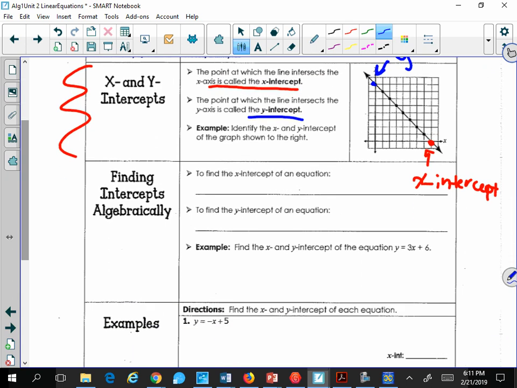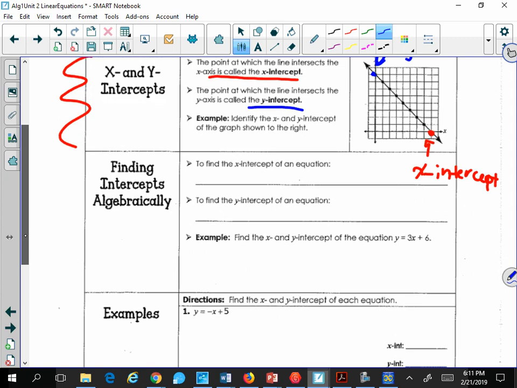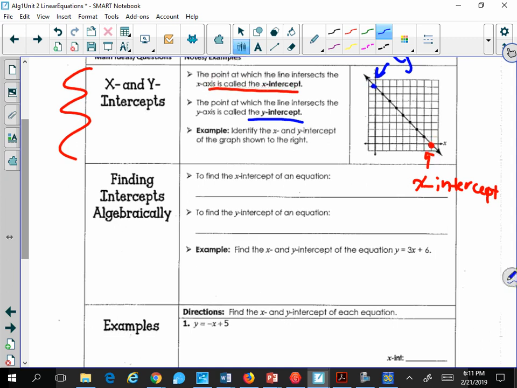The way that we're actually going to find these intercepts, first of all, it says finding intercepts algebraically. So to find the x-intercept of an equation, something you want to know about each of these is what the coordinate points of each of those are.